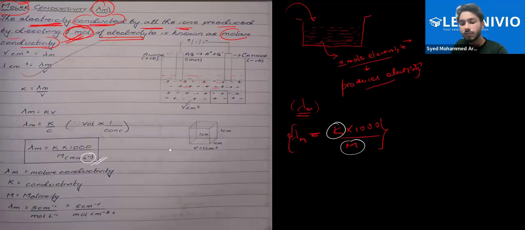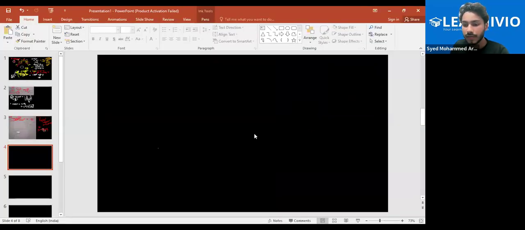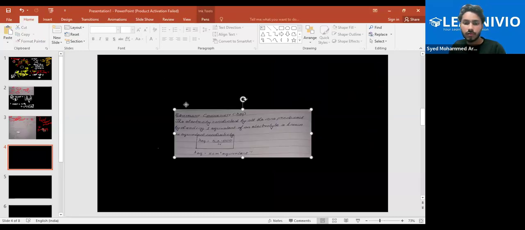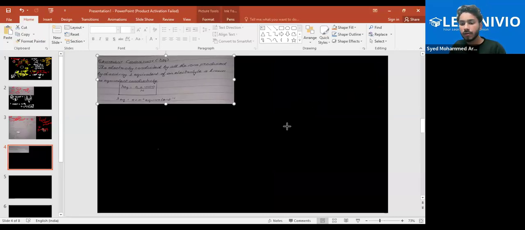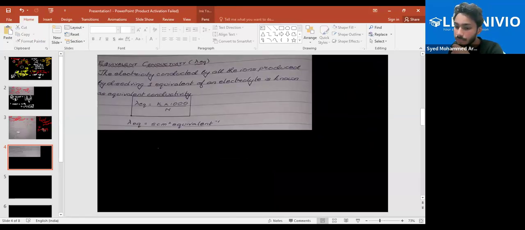Now the next thing would be equivalent conductivity. The equivalent term I explained in the solutions chapter. Can you remember what one equivalent is? I explained equivalent and n factor. Is it related to equilibrium?